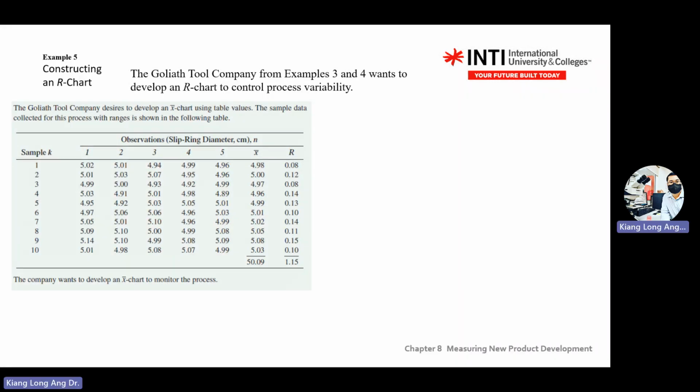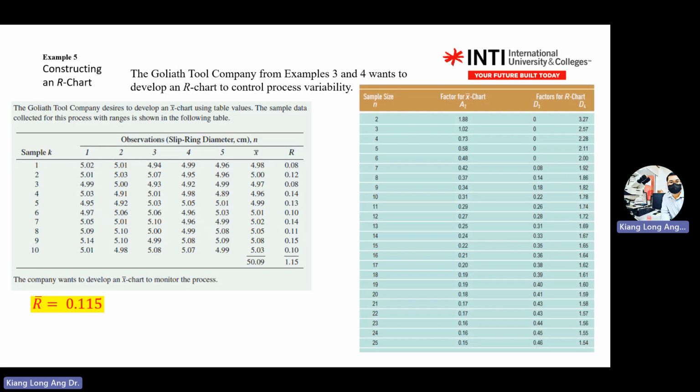Okay, so the same table that you see, but now you use the same table from the bearing company, the R value just now, but now you want to use the R chart for the control chart. So in this case, you use D3 and D4 for the R value.